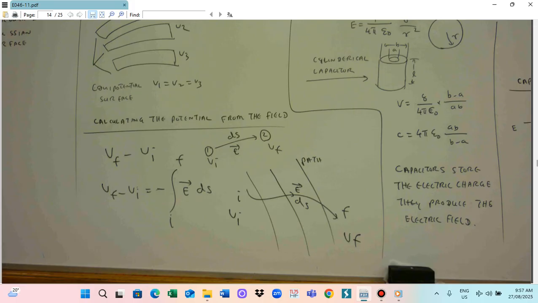So on this electric field path, the particle is moving from one place to another place. This potential is the initial potential i, and this potential is the final potential f. They are moving across the electric field with field strength E over the distance dS. So we can calculate the total voltage.